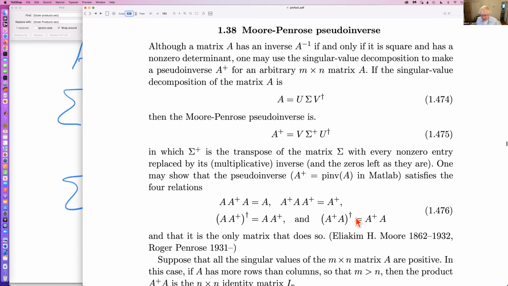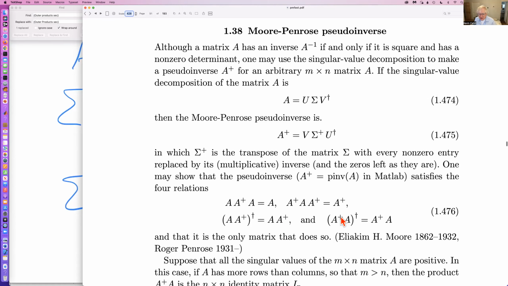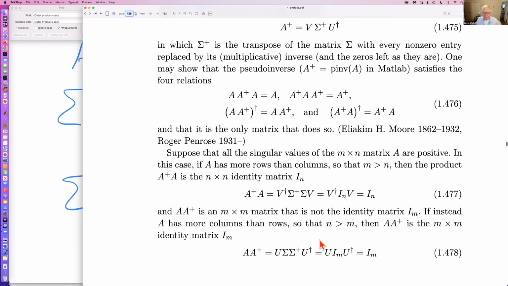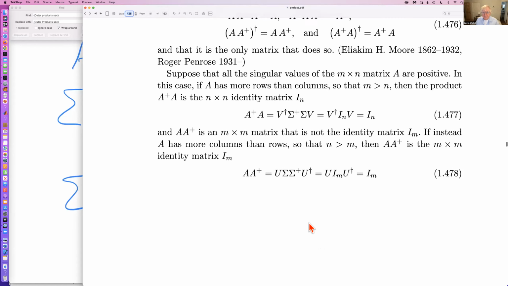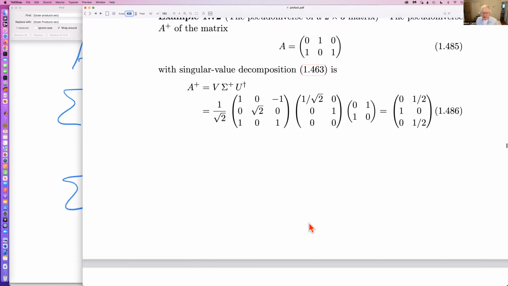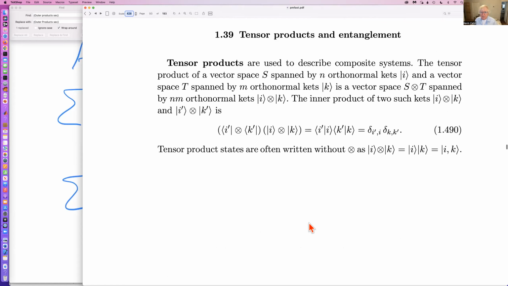A plus A adjoint is A plus A, and A A plus adjoint is A A plus. So A A plus and A plus A are both Hermitian, and it's the only matrix that does these things. I urge you to read the rest of this, but I don't know if we need to go through it in absolute detail.